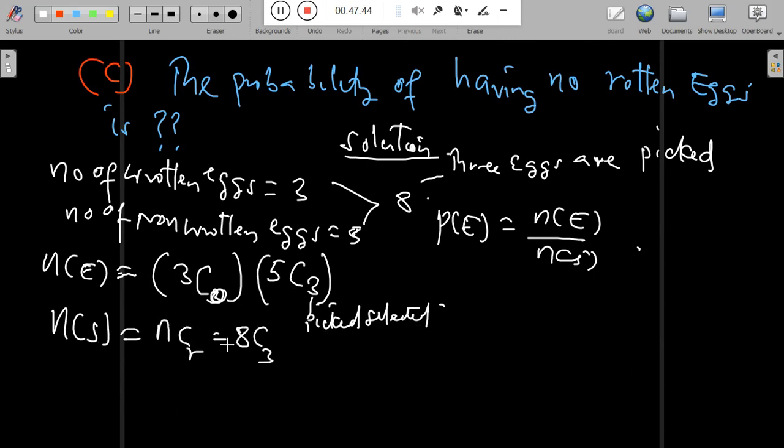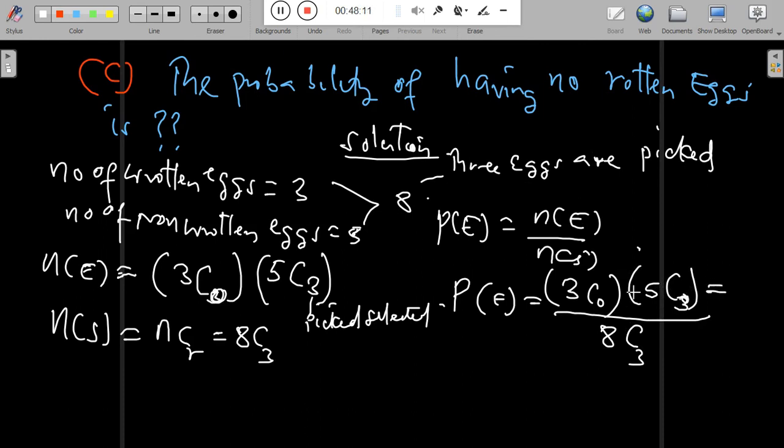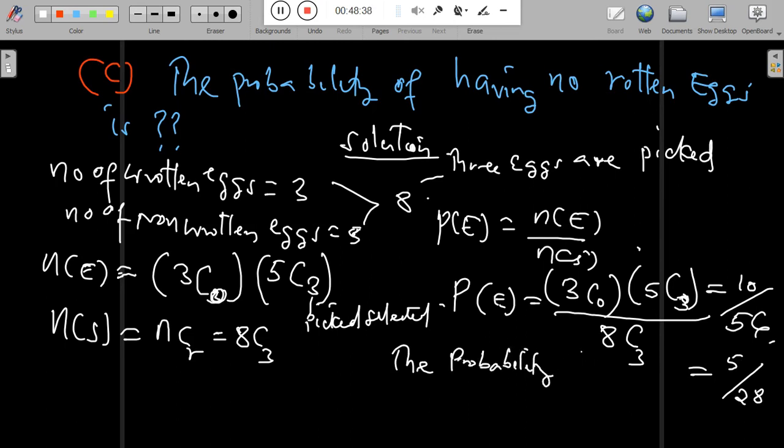The total number of sample space is 8 combination 3. So the probability will be equal to 3 combination 0 times 5 combination 3, divided by the total number of sample space, 8 combination 3. The answer will be 10 over 56. When we simplify, the probability of having no rotten eggs will be equal to 5 over 28.